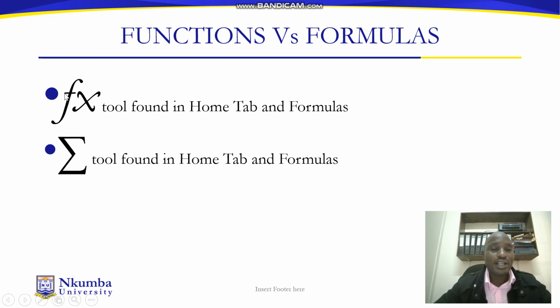You can get functions from the fx symbol, which is found in the Home tab or in the Formulas tab, or you can get them using this symbol. Both are found in the Home tab and in the Formulas tab.